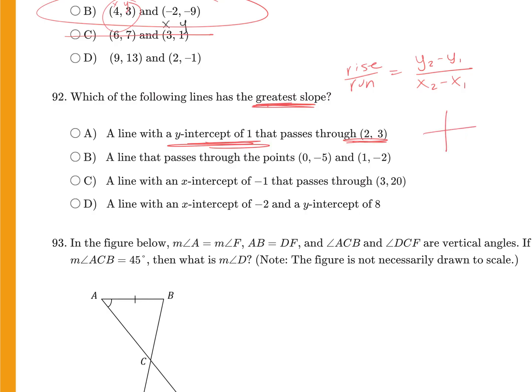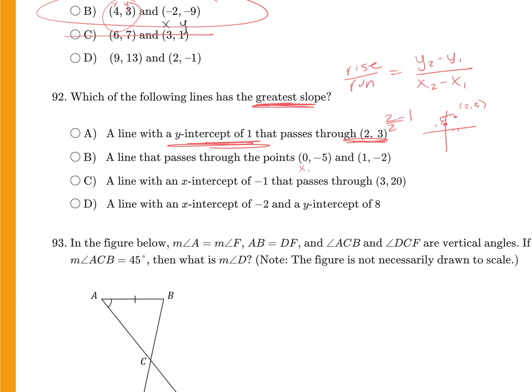Well, let's visualize that. If the y-intercept is 1, and then the other point is 2, 3 right here, the rise would be 1, 2, and the run would be 1, 2. So here it's 2 over 2, which is the slope is 1.